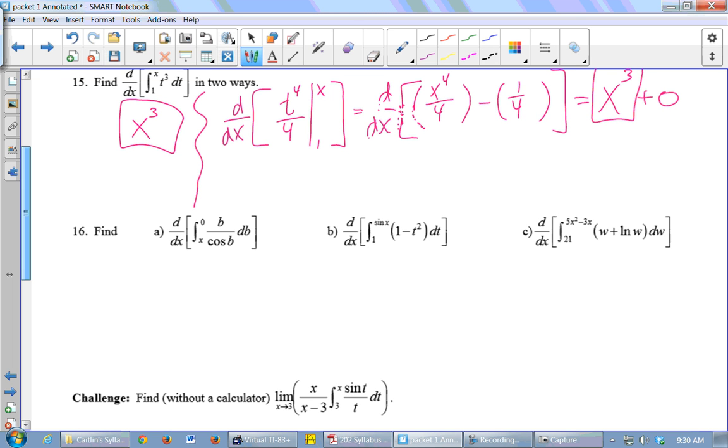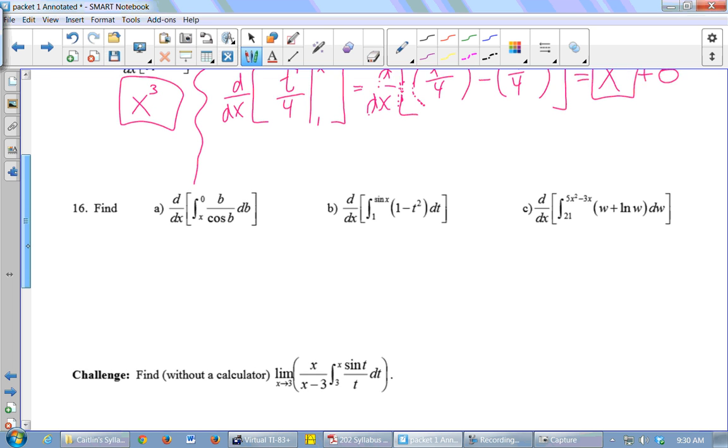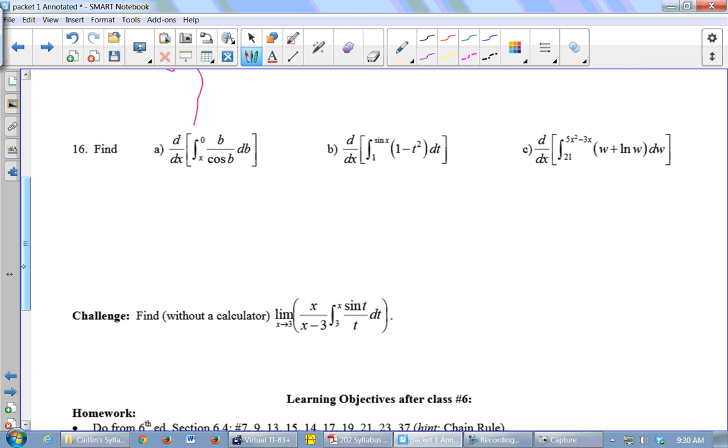All right, so now we have some fun ones. This first one, d dx of the integral from x to 0. How is that written just a little bit differently than FTC part 2? Yeah, it's starting with the x. So I'm going to put the x on top just because that's what FTC2 looks like, and so then I can apply FTC2.